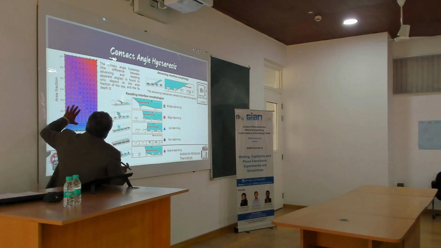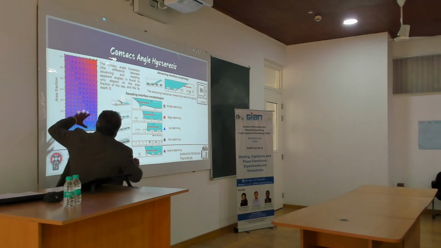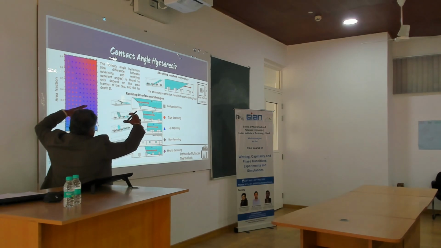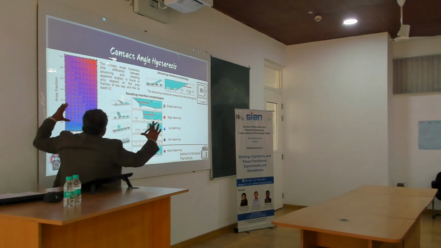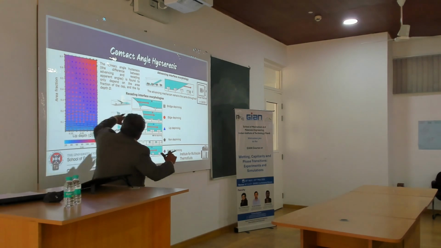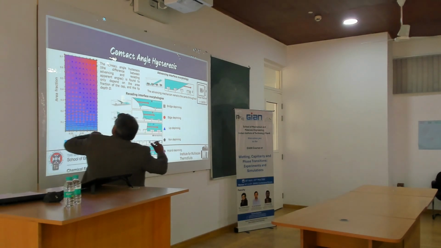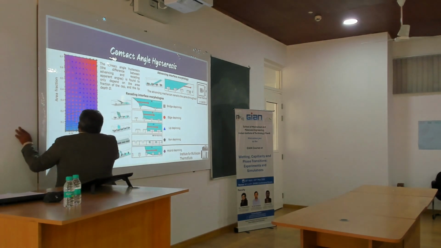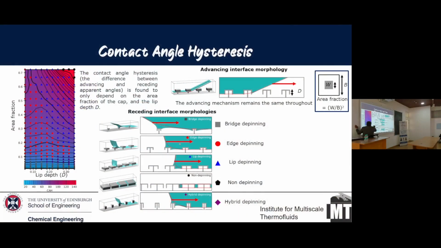For it to go from a suspended state to a completely wetted state, you can either have a bridge wetting. That is the gray dot. The gray dots are somewhere here. That is where a bridge will completely wet, so you have wetting not from the leading end, but from the rear end of the T, and it then comes off.